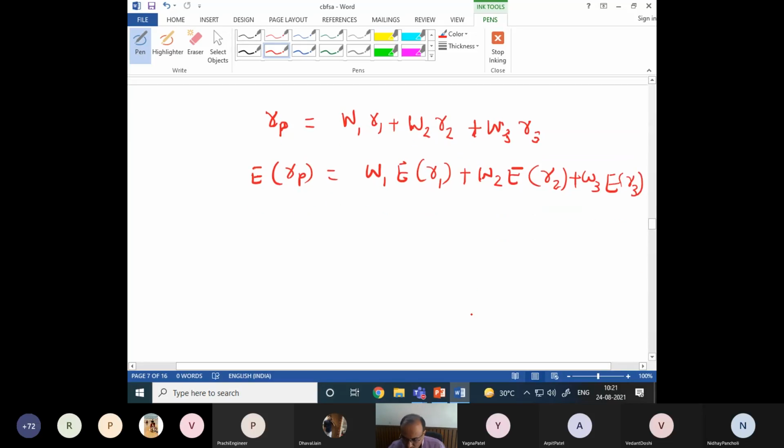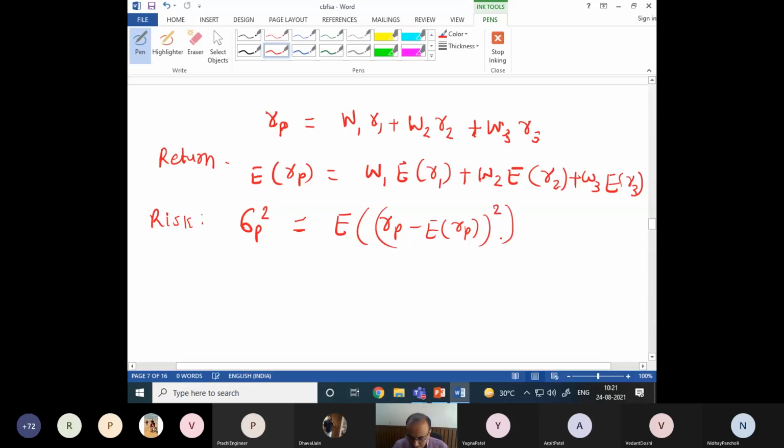OK. Now I want to find the risk. As per the definition, the sigma p square. So this is return. And now I want to find the risk with 3 securities, and then later on we extend it to n securities and we derive some conclusion, and we want to find the efficient portfolio later on. So as per the definition, it is the expected value of RP minus ERP whole square.